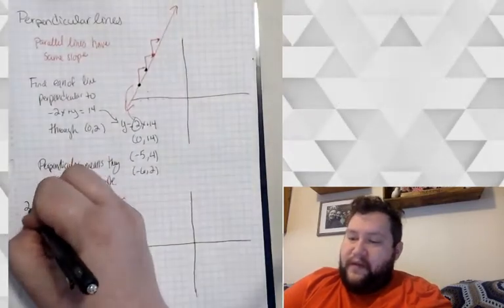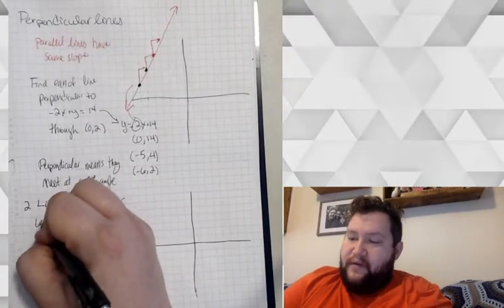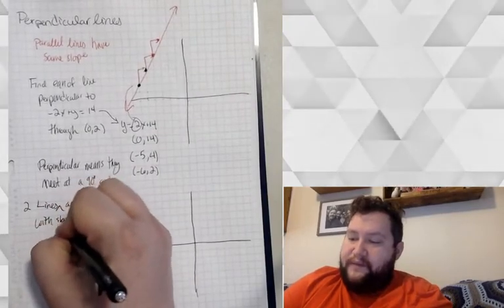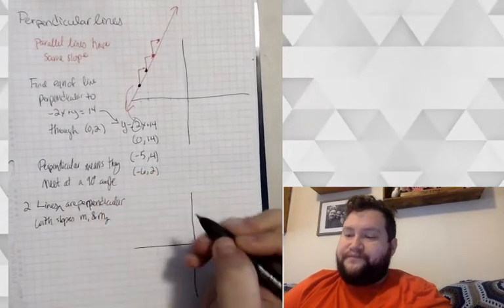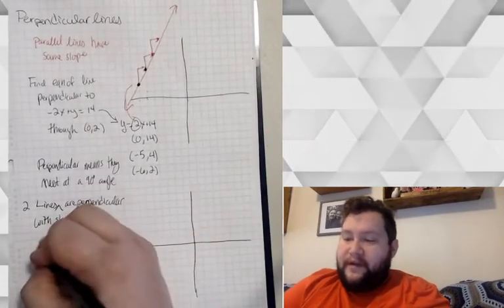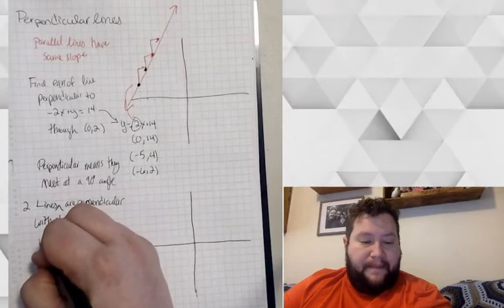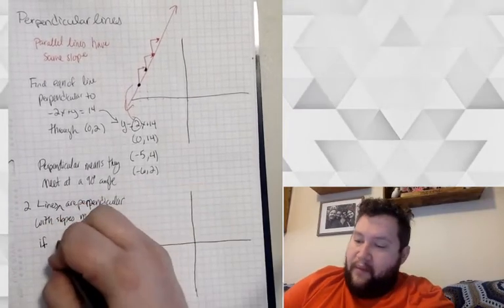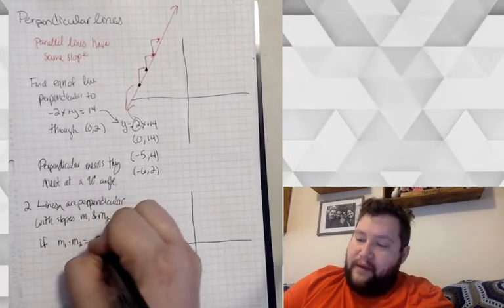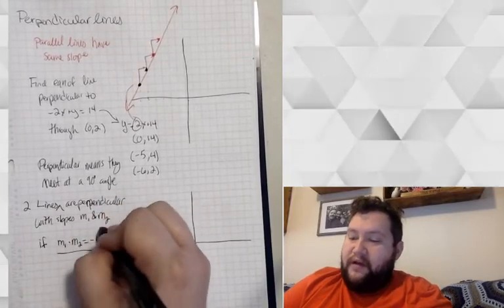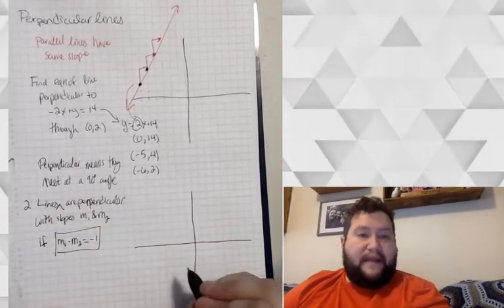Two lines with slopes m1 and m2 are perpendicular if m1 times m2 is -1. So the product of their slopes is -1.